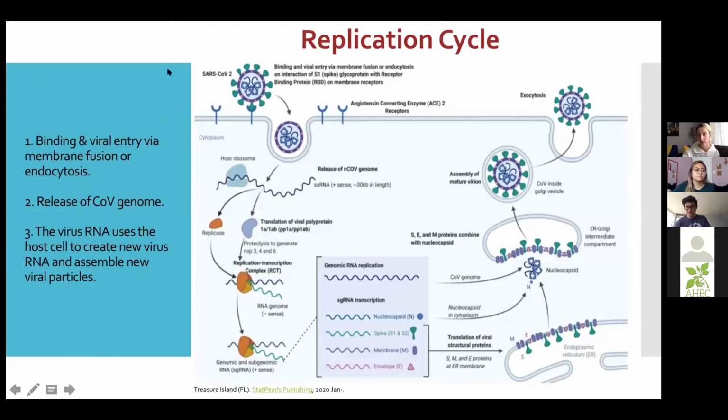If this is how the virus works, how would you essentially cure people? Right now there aren't many drugs. They've been showing potential, but we're not too sure yet because we haven't done enough research.